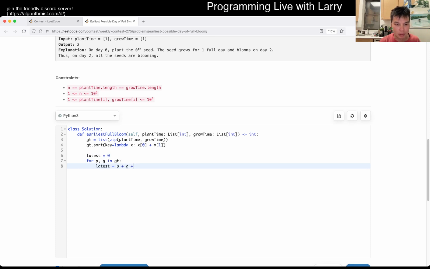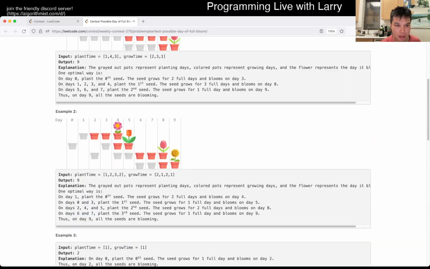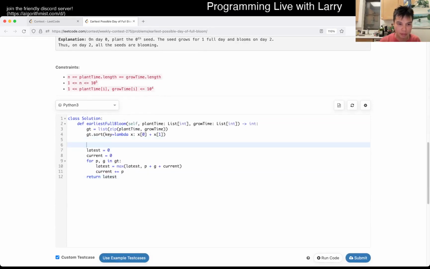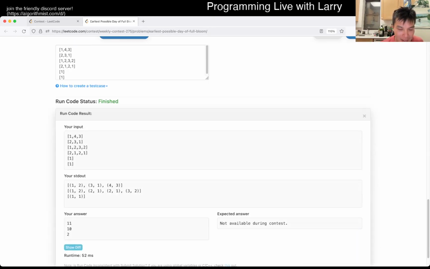It's grow plus current plant time. Oh, this is just greedy. I don't know if this is right. Well, it's wrong for this one, so it's not. That's good. I mean, better finding out that we're wrong now than in penalty. But okay, so greedy doesn't work, huh?